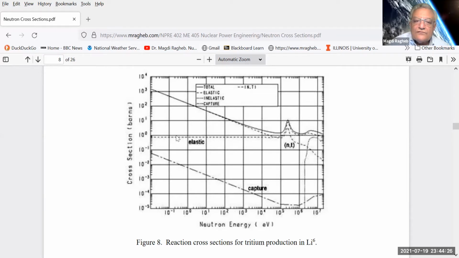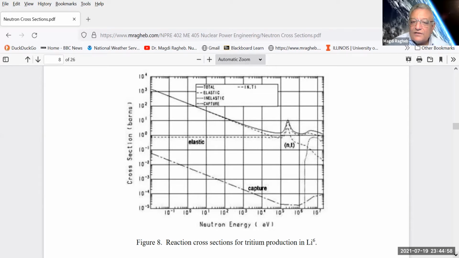In that case, we use the isotope lithium-6. A neutron interacting with lithium-6 gives us a triton. You could see here the cross-section for producing a tritium nucleus by the interaction of the neutron with lithium-6, and it's a thermal reaction. Again, it's 1,000 barns when the energy of the neutrons is very low.